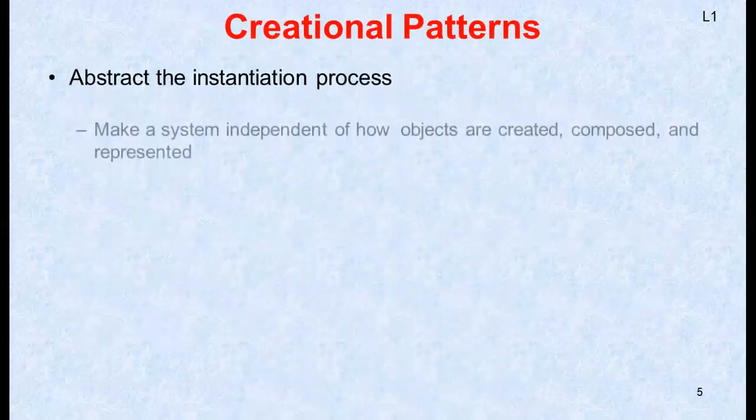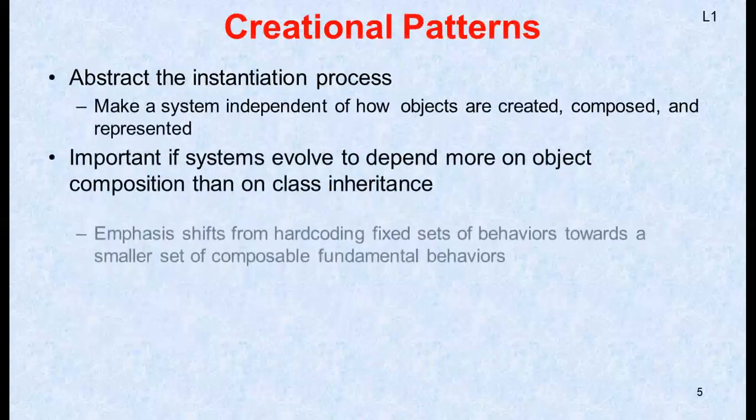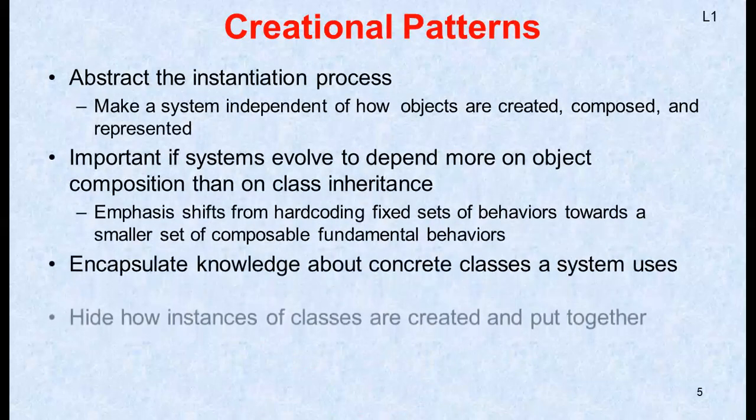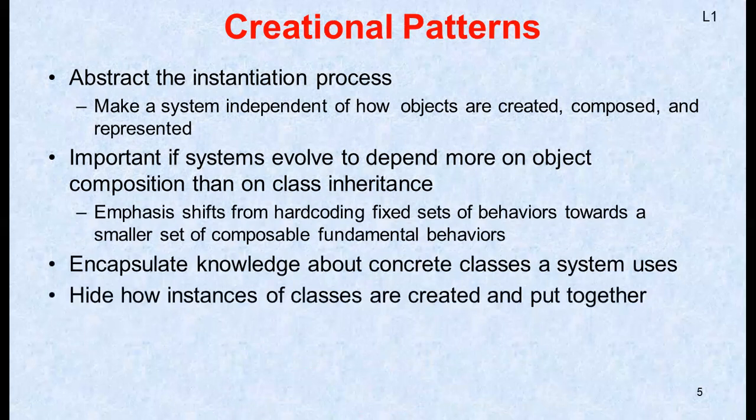So here we have seen that creational design patterns abstract the instantiation process, and they help to make the system independent of how the objects are created, composed, and represented.